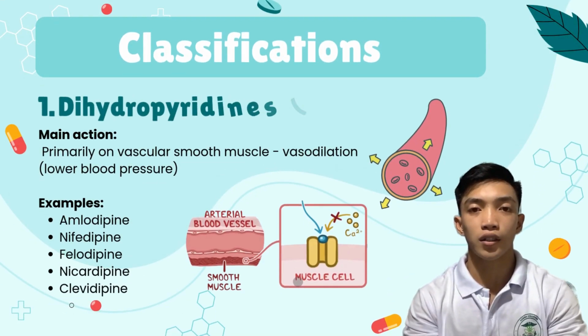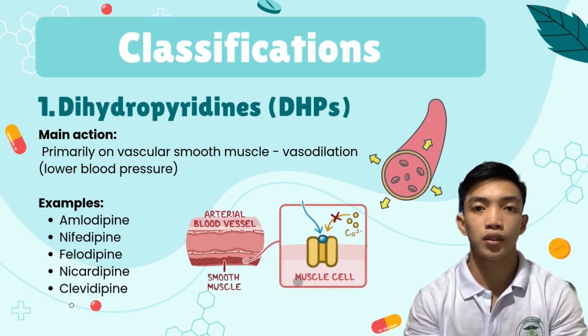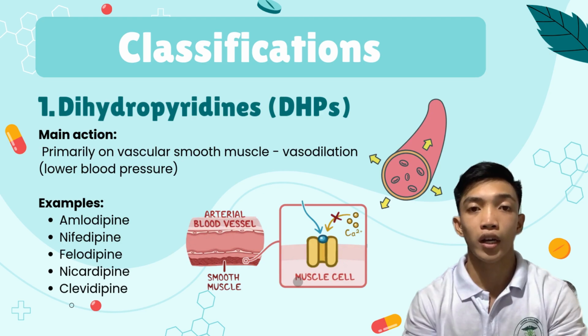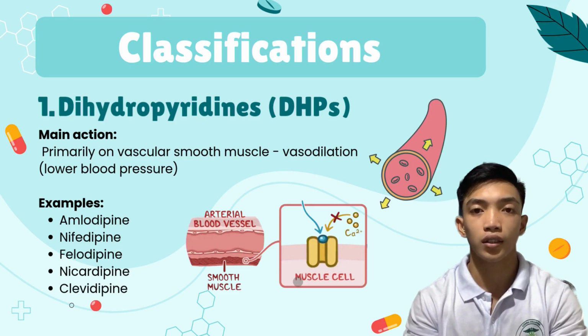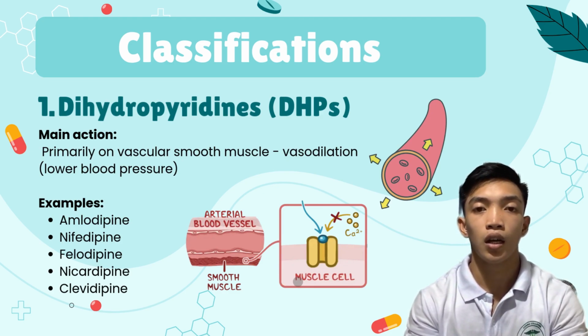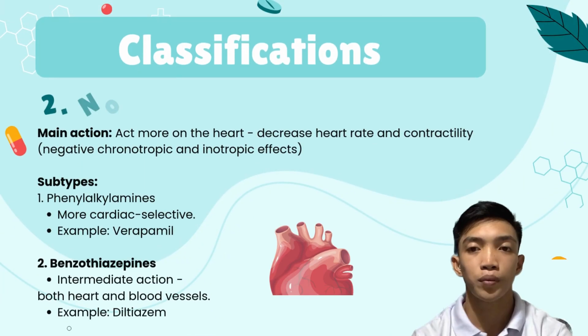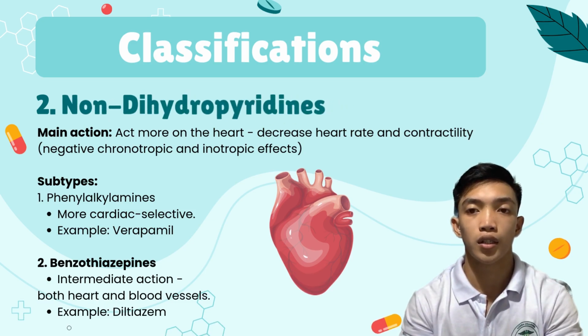Calcium channel blockers are divided into two main groups. The first group is called dihydropyridines. These drugs mainly act on blood vessels, causing them to relax and widen. This helps lower blood pressure. Examples of dihydropyridines include amlodipine, nifedipine, and felodipine. The second group is called non-dihydropyridines.